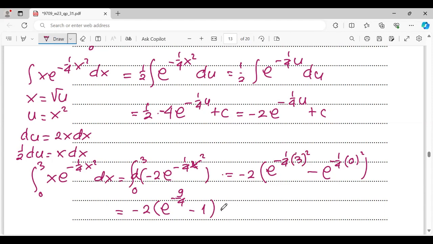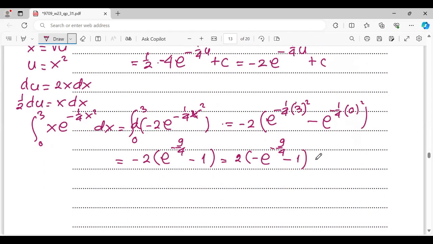So it becomes 2 times minus e power minus 9/4 minus 1, or 2 times 1 minus e power minus 9/4.